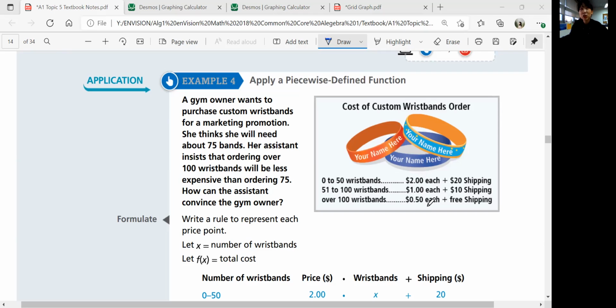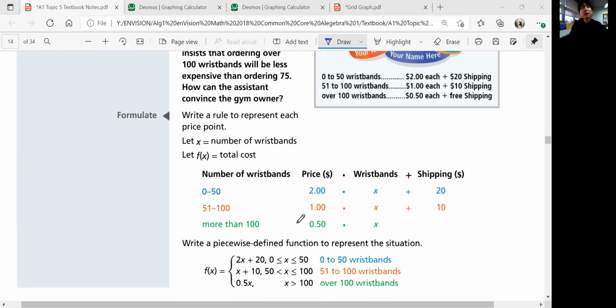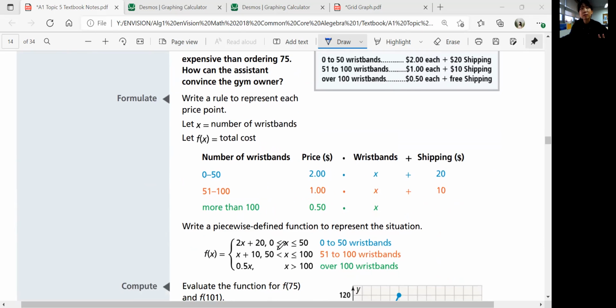That's really cheap. So we're going to write a rule to represent each price point. We're going to let x represent the number of wristbands and f of x represent total cost. And so we can write 3 different line segments, 3 different equations. So 2x plus 20, because $2 for each wristband, right?